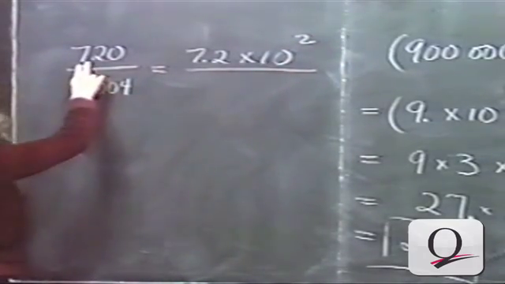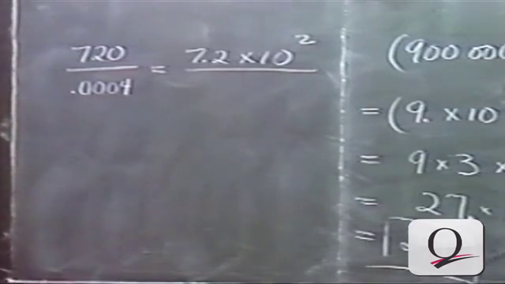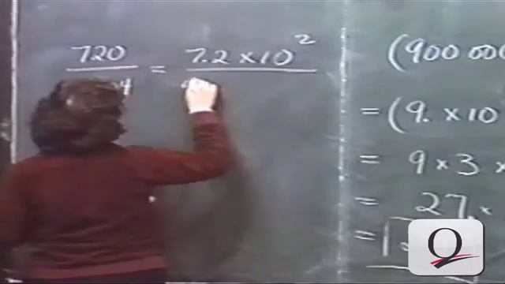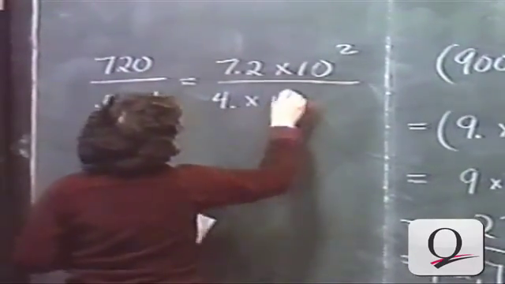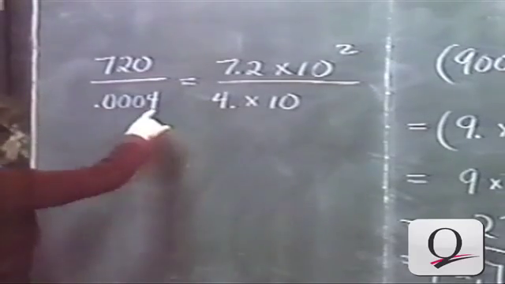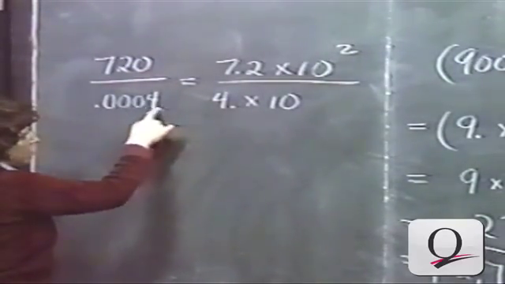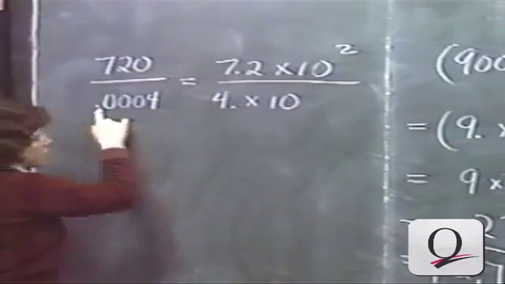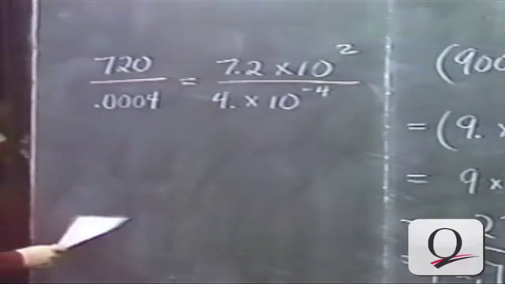If you had 7.2 and you multiply by 10 to the second power, you move the decimal 2 places to the right, you'd get your 720. And 0.0004 is 4.0, or 4, times 10 to, let's see, if you have 4 point and you want to get 0.0004, you move the decimal once, twice, 3, 4 times to the left. So that's the same as multiplying by 10 to the minus 4 power.